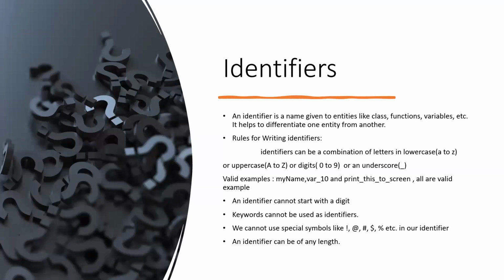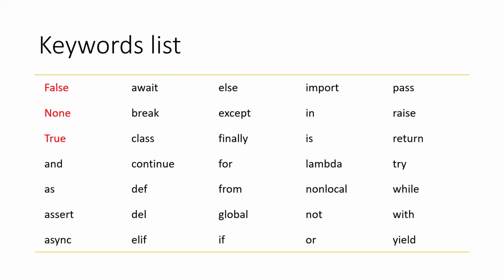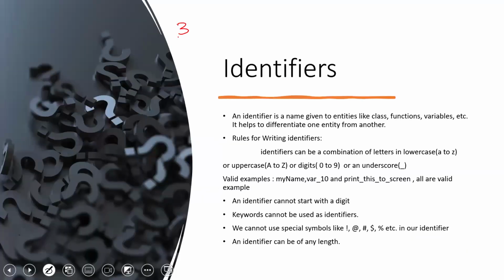For example, have you ever heard about a PAN card? A PAN card number is something like AVK 8545D. There are some rules we are following.